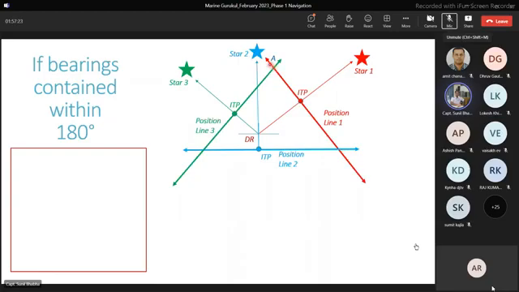This vertex, let's name it as A. The second vertex where the red and blue lines intersect, let's name that as B, Bravo. And the third vertex where blue and green lines intersect, let's name that as Charlie. So we have the three vertices of the triangle, Alpha, Bravo, and Charlie.